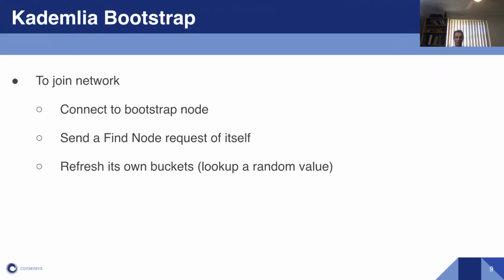That find node is actually, in much of the literature around Ethereum, called find neighbors. I think find neighbors is almost a better term because it's more indicative of what it's doing. And then as a part of that bootstrapping, you'll refresh your buckets by looking up a random value, and that will go through the nodes, and you'll get some data.